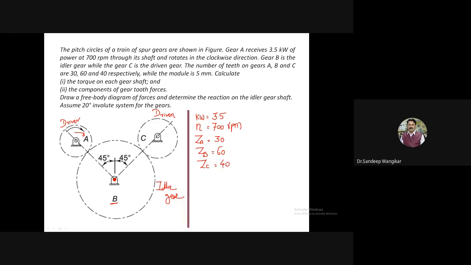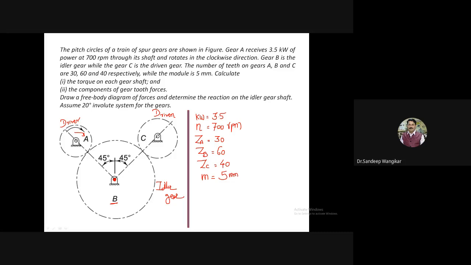So ZA 30, ZB 60 and ZC 40. The module is 5 millimeters.